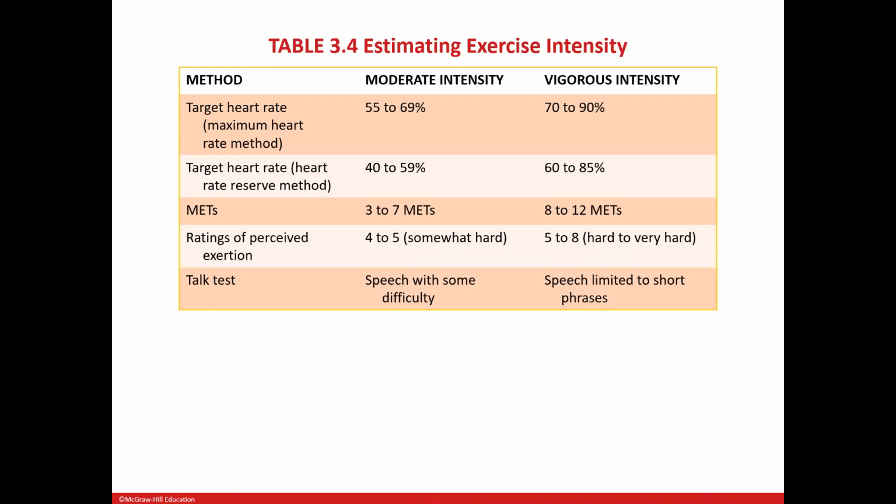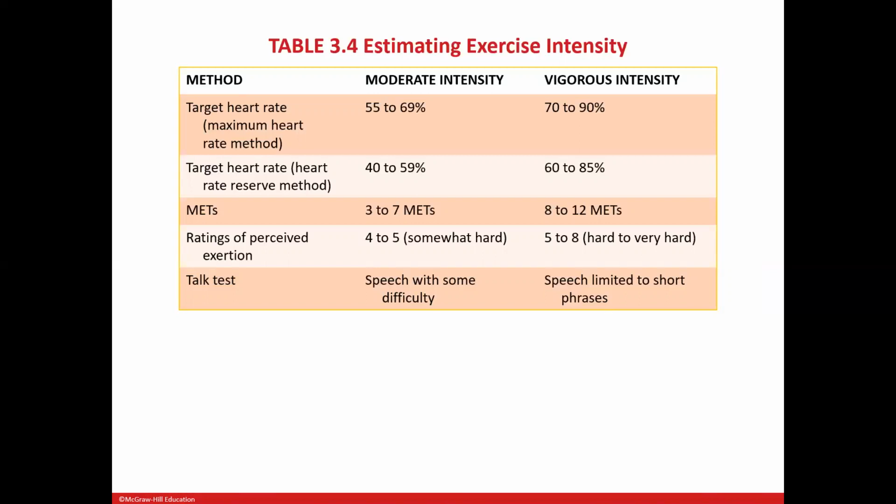Estimating exercise intensity. For target heart rate, you should be at 55 to 69% for moderate intensity and 70 to 90% of your target heart rate for vigorous. As you remember, there's the chart that tells you where you are, and then you can calculate the percent out of it. For target heart rate reserve, you need to be at 40 to 59 for moderate, and 60 to 85 for vigorous.